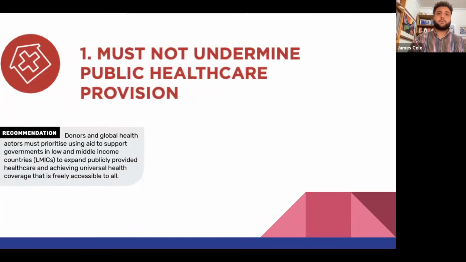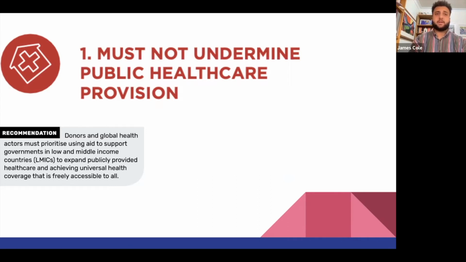So principle number 1 highlights the need for ODA funding to the private sector not to undermine public healthcare provision. We feel this is essential as evidence shows us that countries that have made significant progress towards achieving UHC have moved to a health system that relies predominantly on public funding from compulsory funding sources and effectively pooling resources for redistribution.